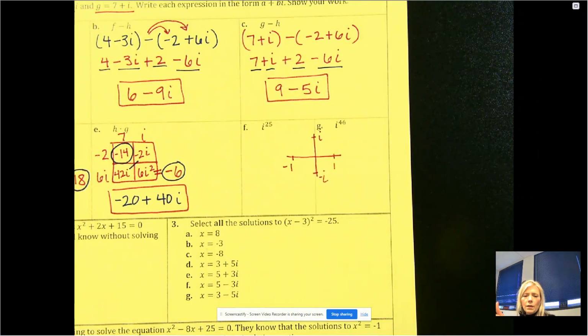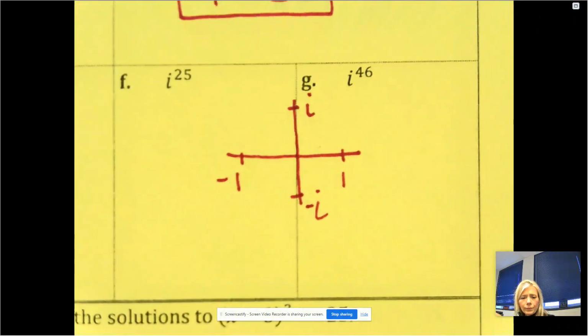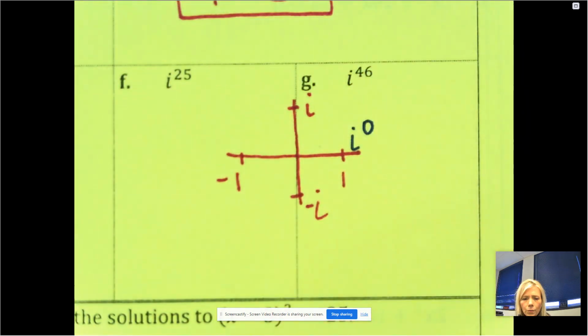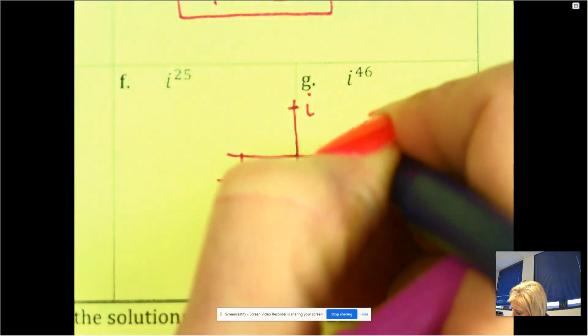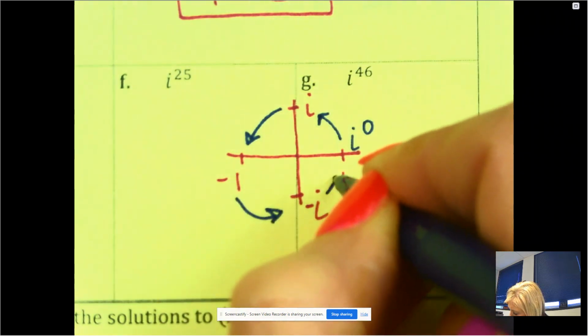And we can use this to evaluate those powers of i, knowing that we start at 1 because i to the 0 is equal to 1. So every time we multiply by another i, we just move one place.